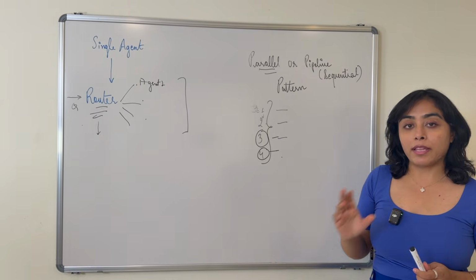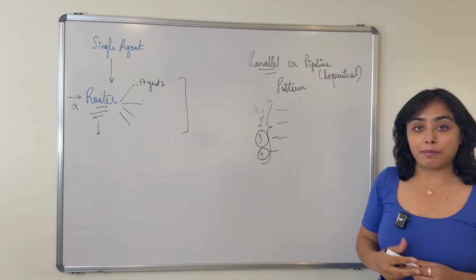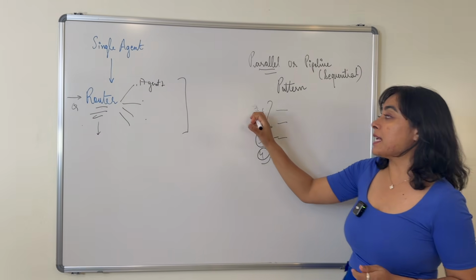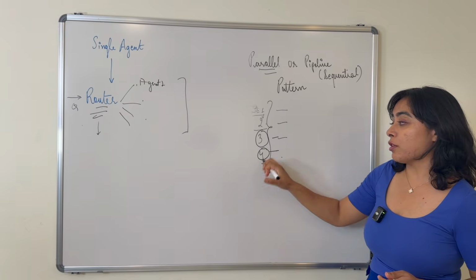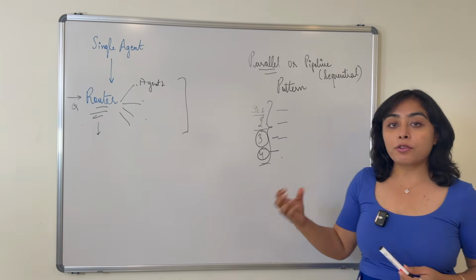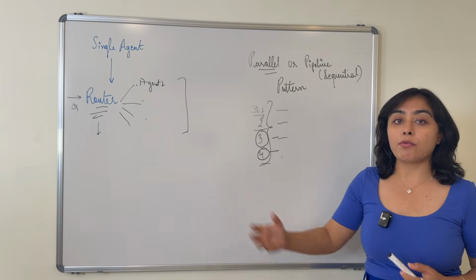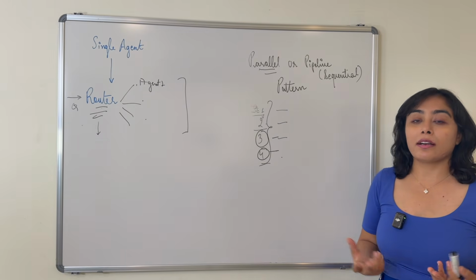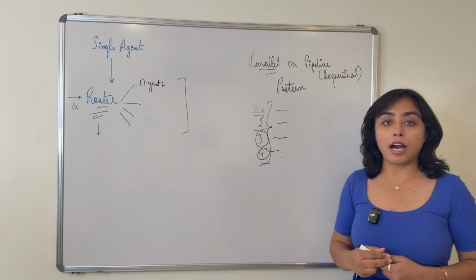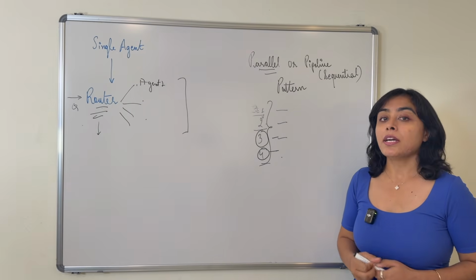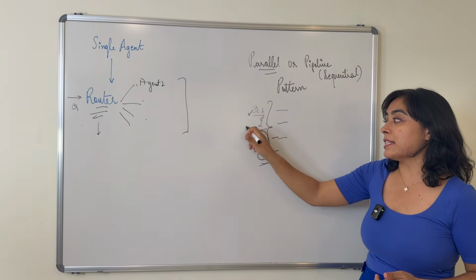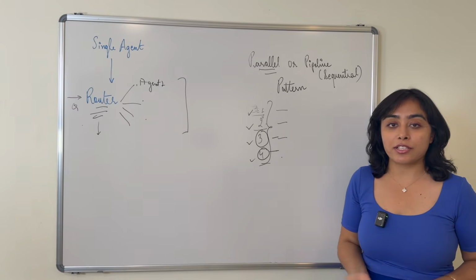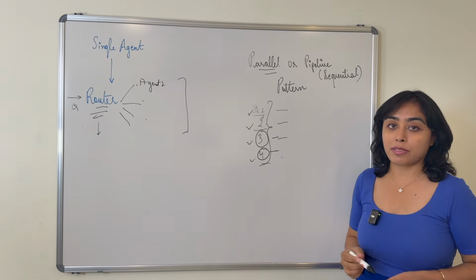One important thing about parallel and pipeline patterns is that the exact steps needed to solve that particular problem have to be defined well in advance while architecting that system. Who does that? Basically, the software engineer or the architect who's designing the system takes care of deciding these steps and assigning different agents to each step to be able to solve this problem.